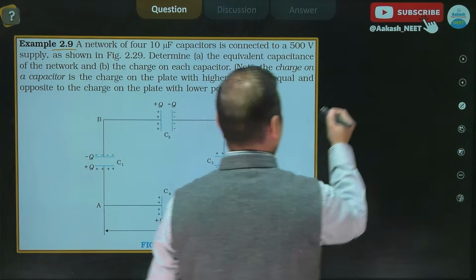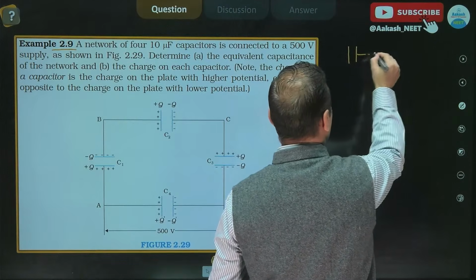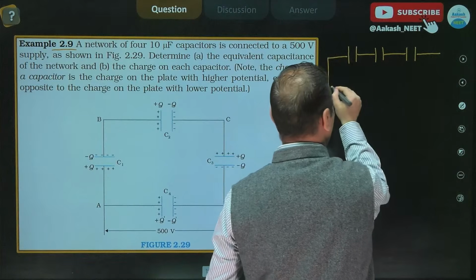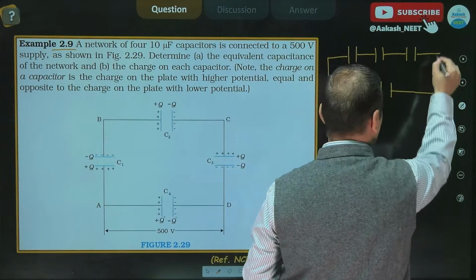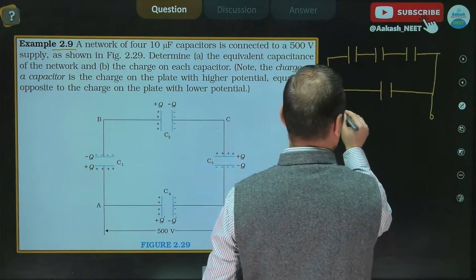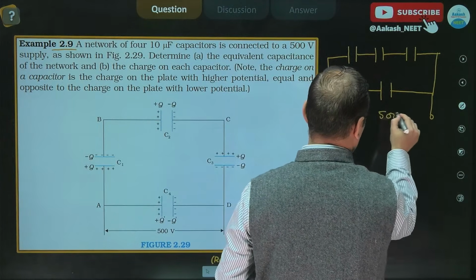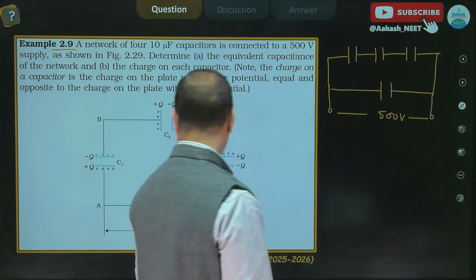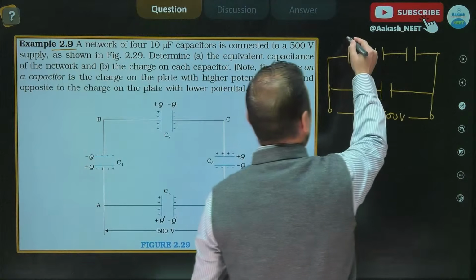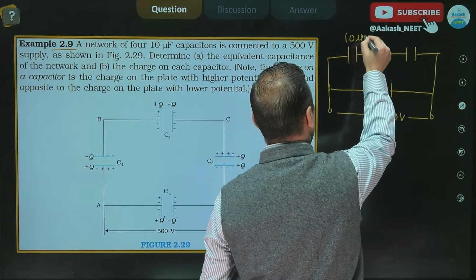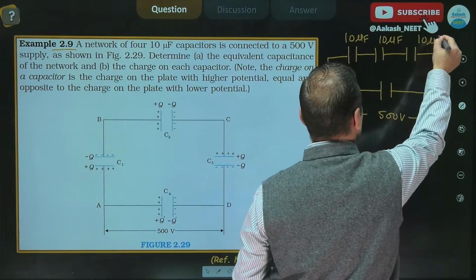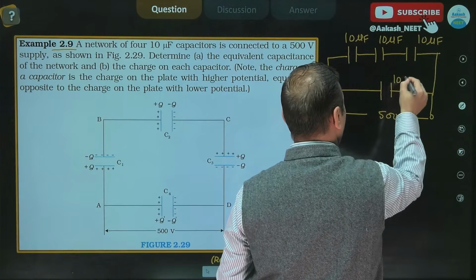So this is capacitor 1, 2, 3, 4, and this is the supply of 500 volts. All capacitors are of 10 microfarad.